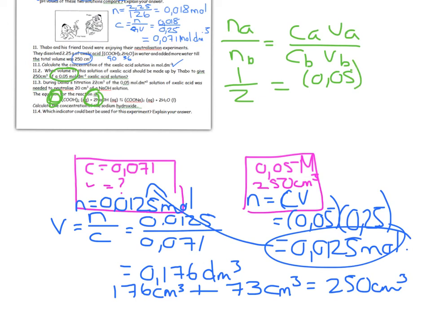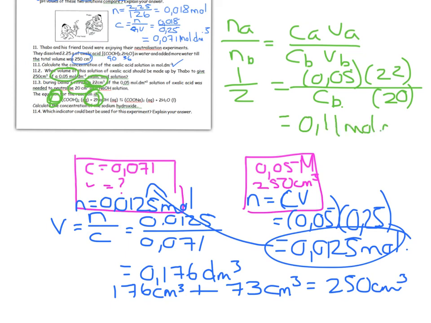David uses 22 centimeters cubed of that, so I'm going to put a 22 in for the volume of acid, and he used 20 centimeters cubed of base, and we don't know the concentration of the base. We need to work out the concentration of sodium hydroxide, and it turns out to be 0,11 moles per cubic decimeter.